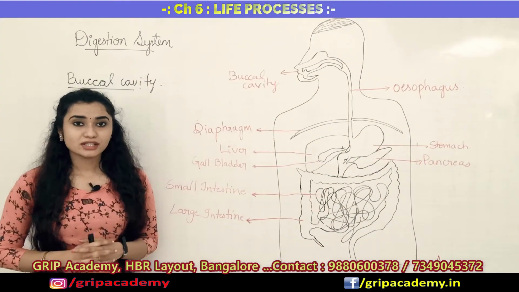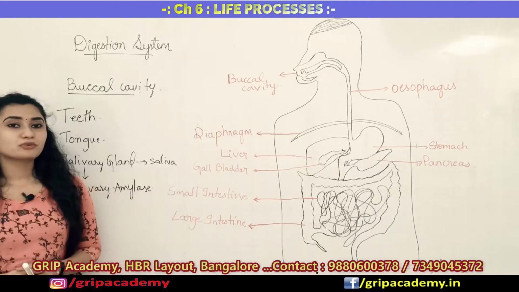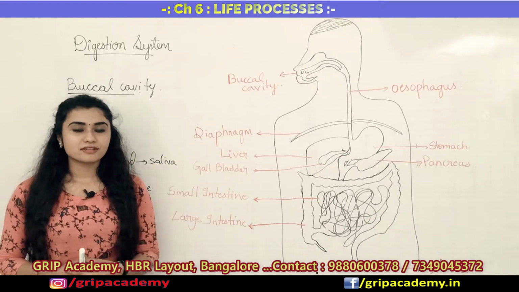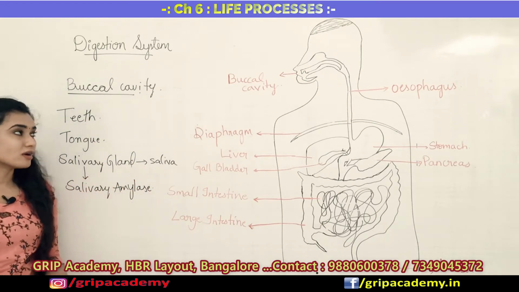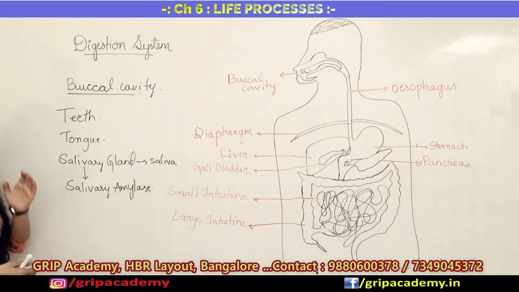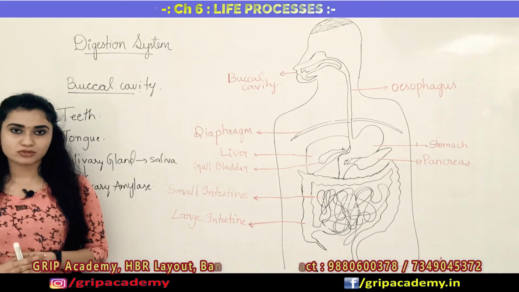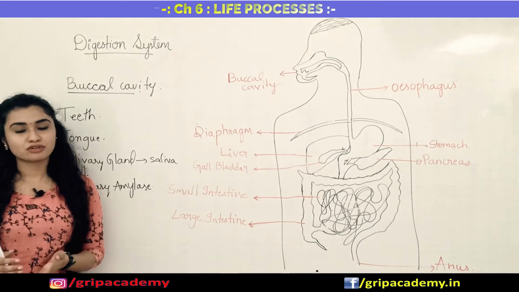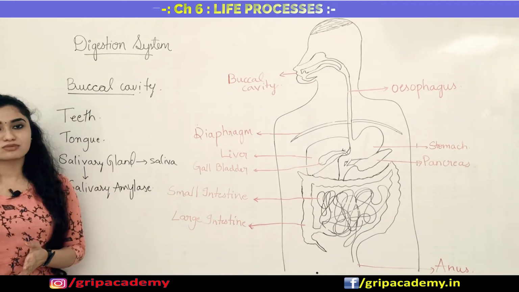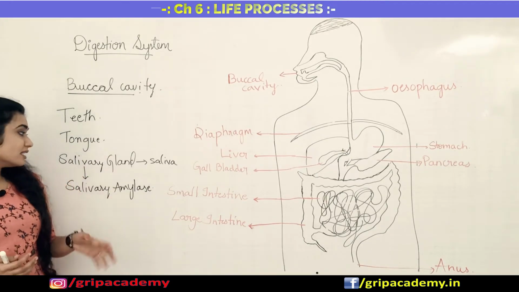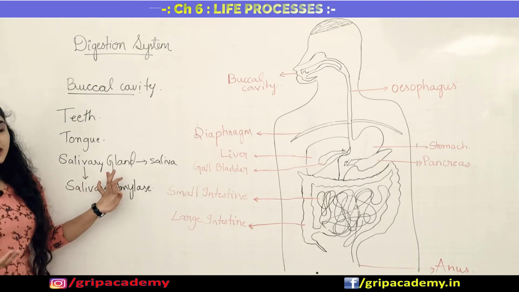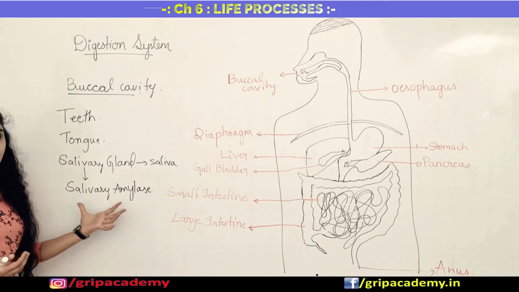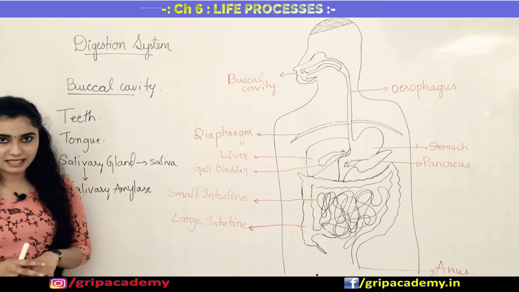Now coming to the process of digestion, the food we eat starts its journey from the buccal cavity. The buccal cavity has many organs like teeth, tongue and salivary glands, which take part in digestion. The teeth help in chewing and grinding the food into smaller particles, so that the saliva released by the salivary glands, which contains an enzyme called salivary amylase, can act upon the food particles evenly.